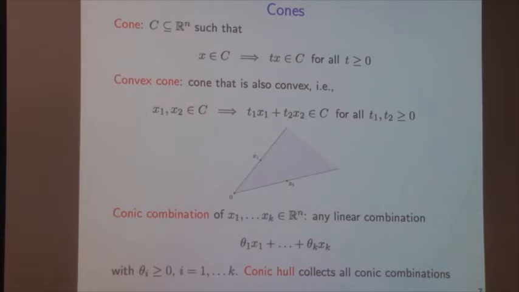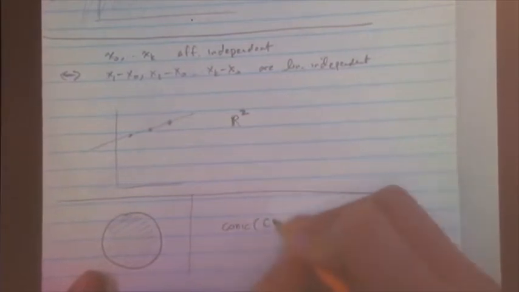We can also take a conic combination of points, which is analogous to the convex combination of points, except the weights are only restricted to be positive. So we don't have to have them sum to 1. And analogous to the convex hull, if I take a conic hull of a set, which we don't really have consistent notation for, so I may as well just make it up.